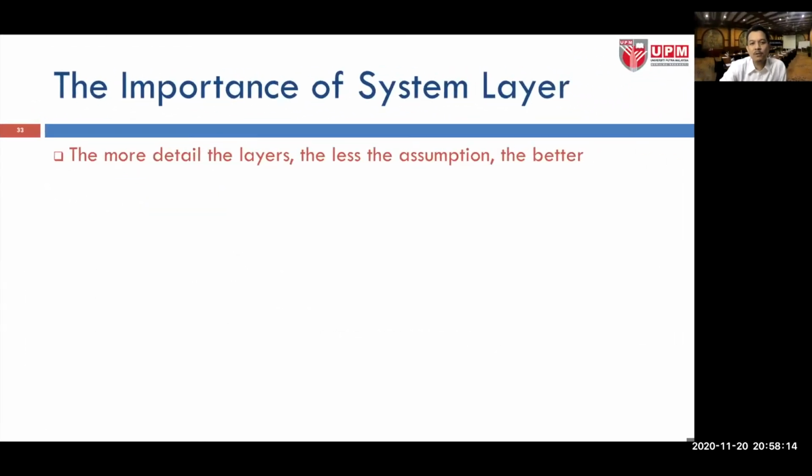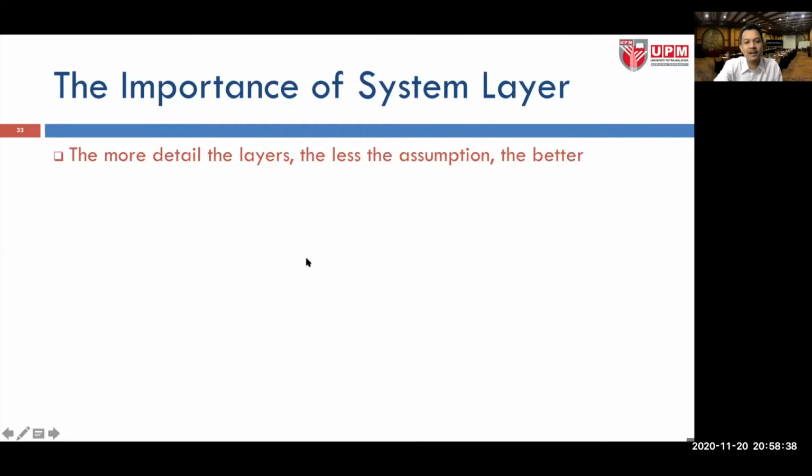In terms of the importance of the system layers, okay, there are a few rules here. The more detailed the layers, the fewer assumptions, meaning that the better your K chart will be. Why do I say like that? Because some students say, oh, this is not important, I can just jump from one layer to another layer.